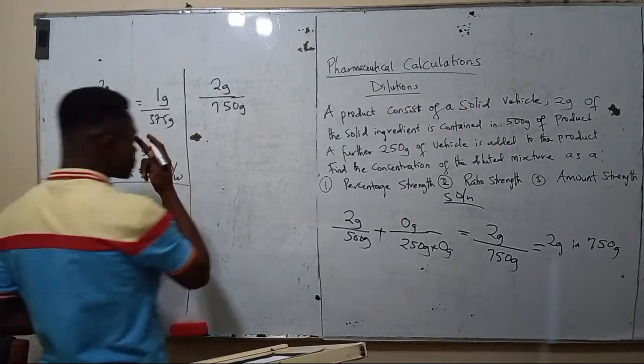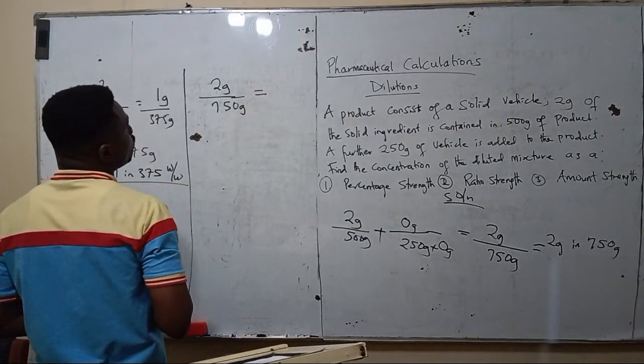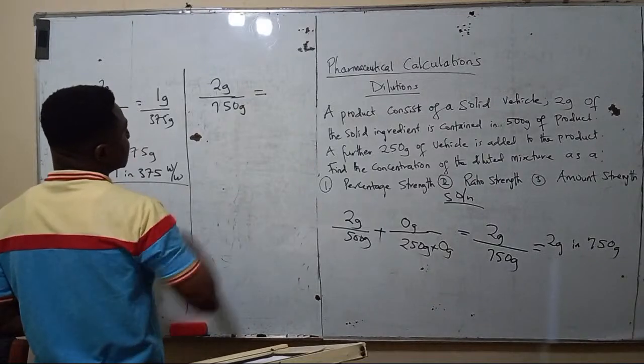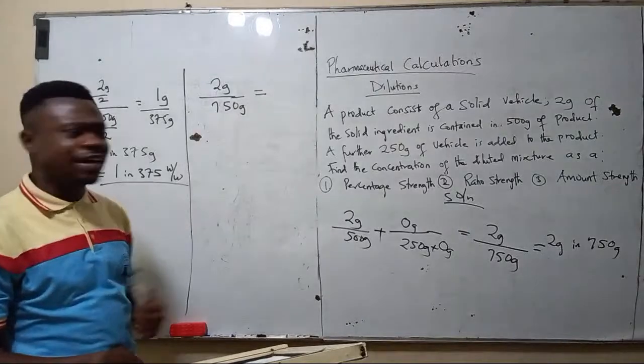So we simply divide through and find the decimal fraction.